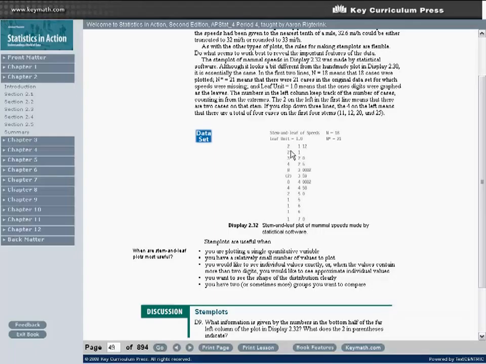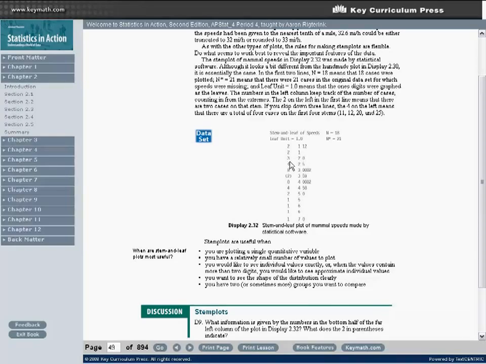Okay, this 2 right here stands for so far there have been 2 data values, the 11 and 12. This next line is a 2 because as of right now there still have only been 2, because this one has not added any to it because this one is blank. There's no leaves here.